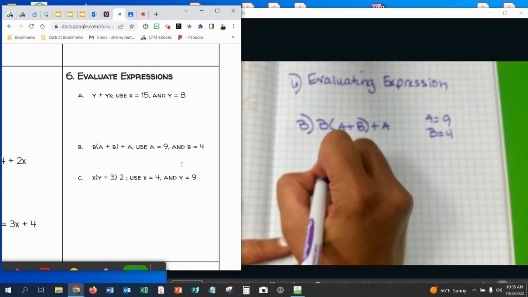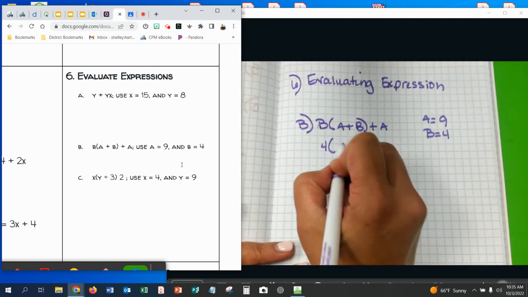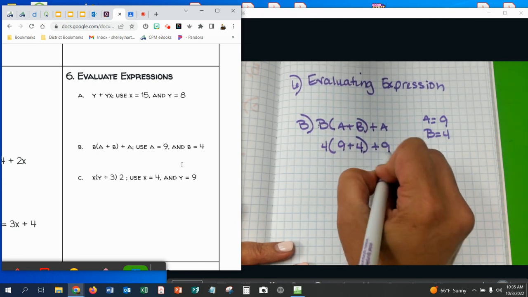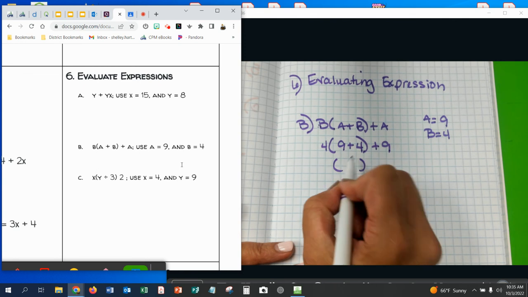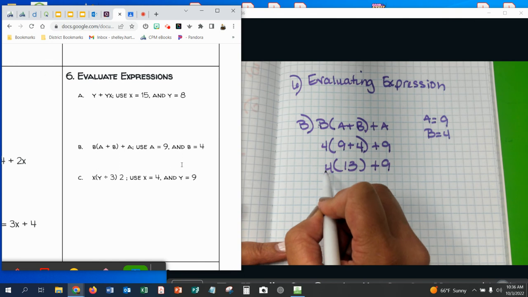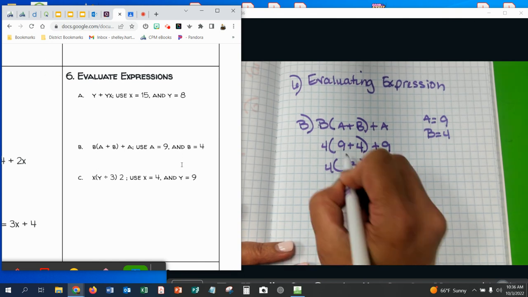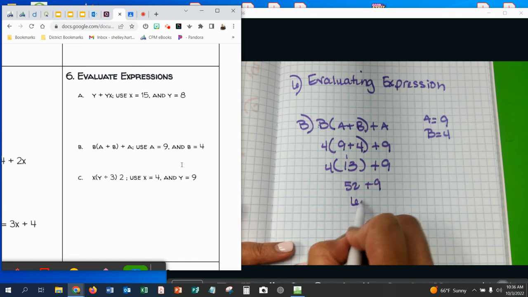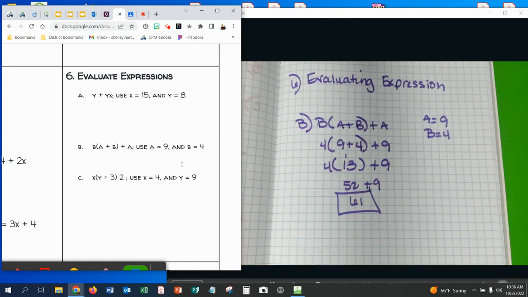I'm just going to plug these in. 4 times (9 plus 4) plus 9. So we are going to add what's in the parentheses, so that's going to be 13 times 4 plus 9. 4 times 13 is 52, and then plus 9, so this is going to be 61. That's it. Remember, we plug in the numbers and then add it all up.